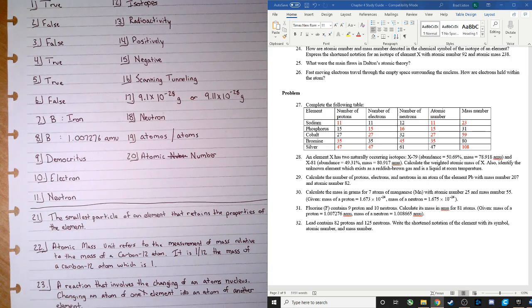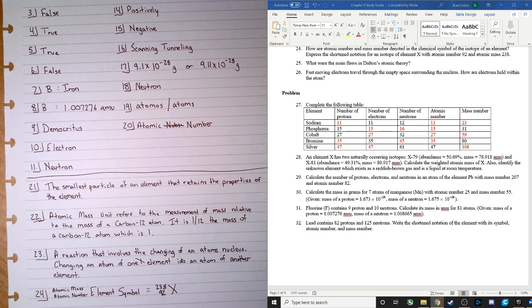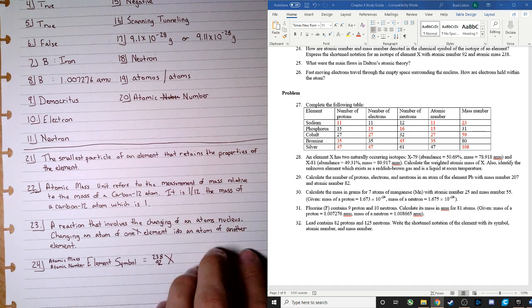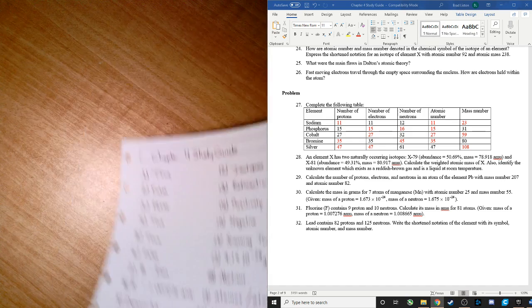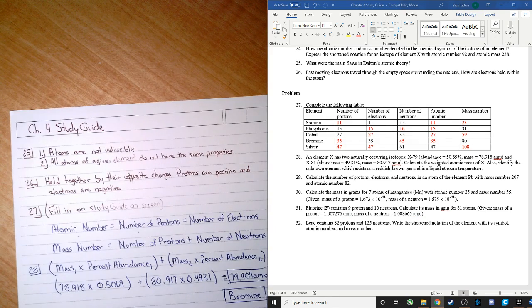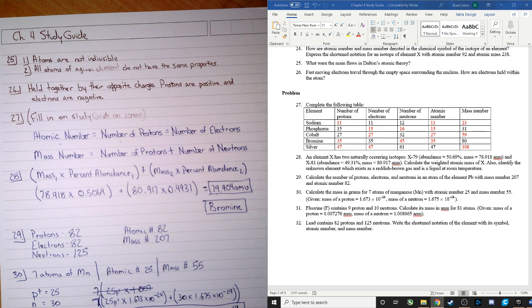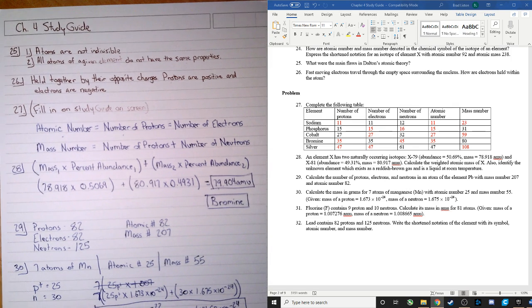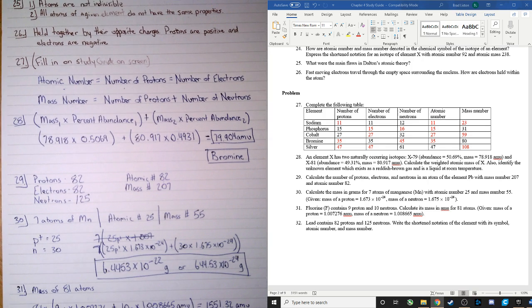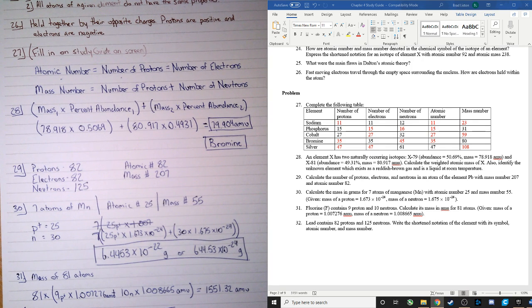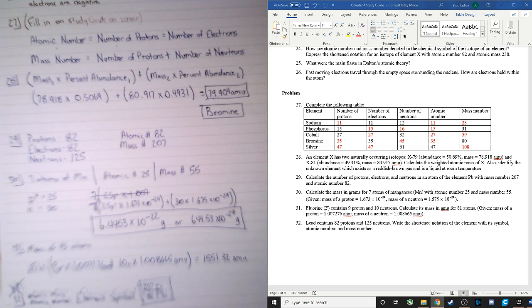All right, so there's 1 through 24, and then there is 25 through 32, way at the bottom.